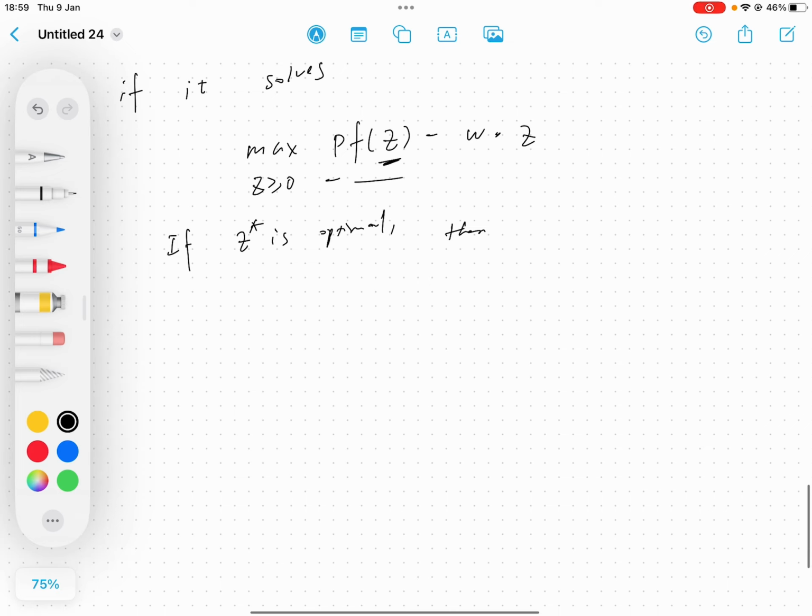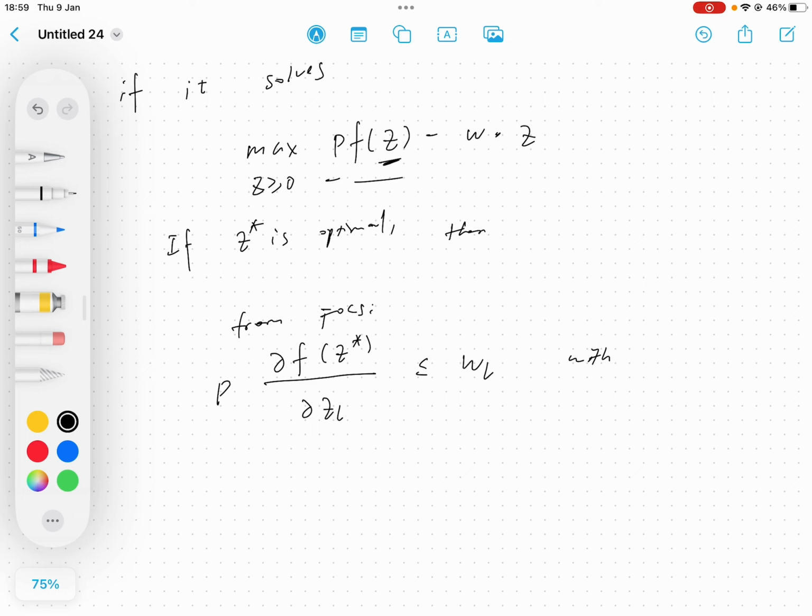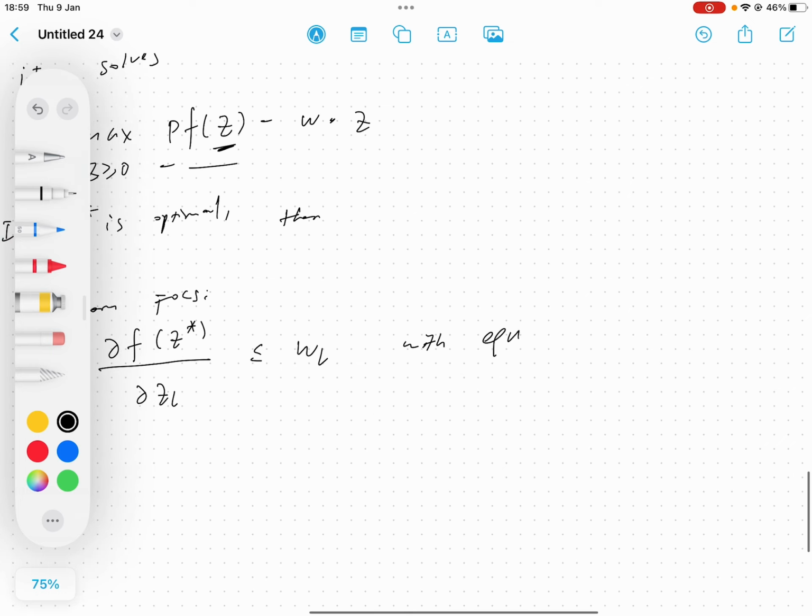Okay. And from the FOC, we're going to have p times the partial derivative of f at z star with respect to z_l that's going to be less than or equal to w_l, with equality if z_l star is positive.